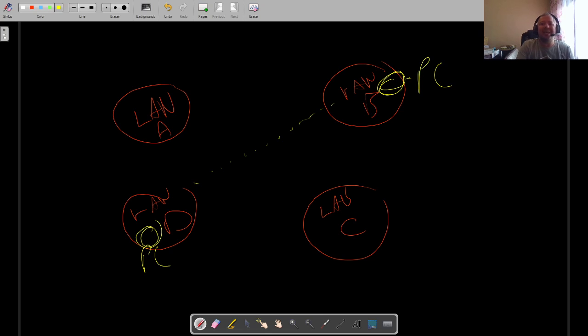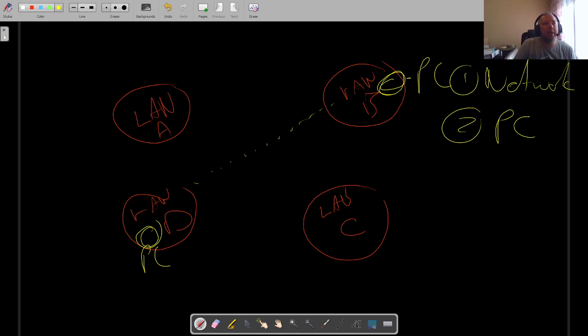How do we send that data? We first need to find the right network, and once we find the right network, we then need to find the right PC. Think of the network as the street that we need to find, and think of the PC as the house that we need to find.